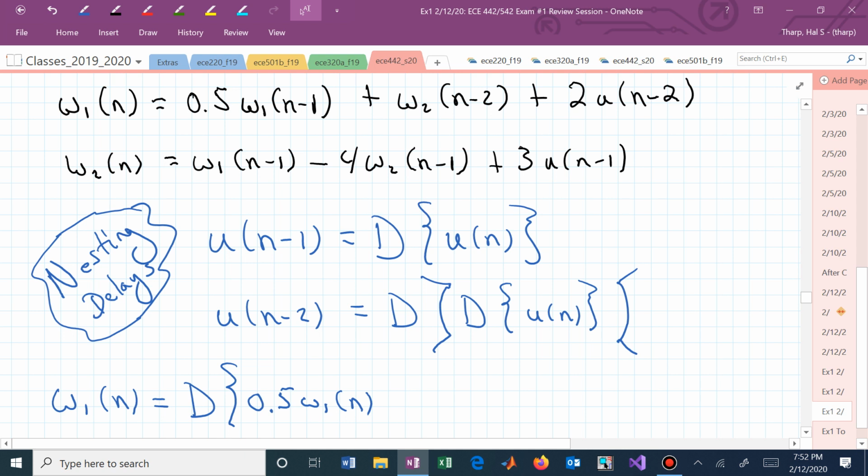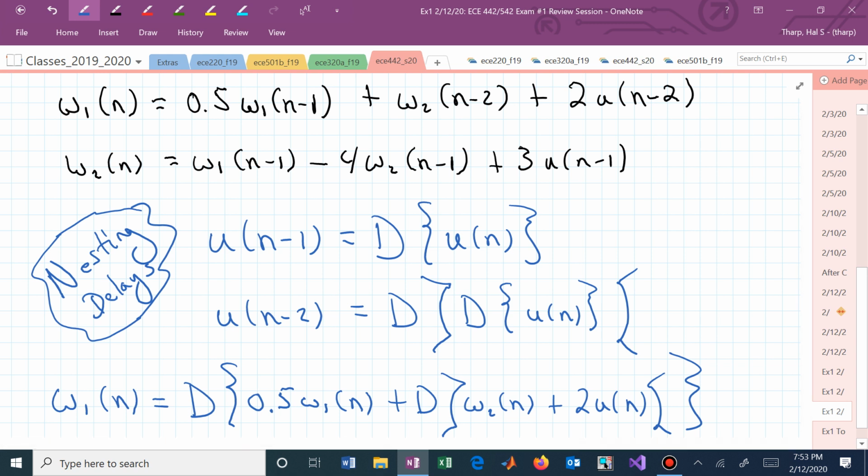I'm going to put those both inside a second delay. I'm nesting my delays. I already have one delay on the left. If I introduce one more delay, I now have W2 of n plus 2 U of n. So W2 of n is actually experiencing 2 delays before it gets to W1 of n, and that's what I needed in W2 of n minus 2.